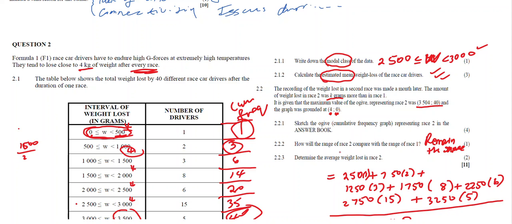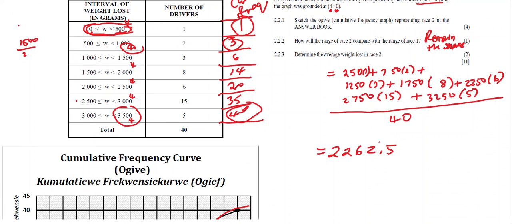Determine the average weight loss in race 2. In race 1, this was what we started with, the estimated mean. So in race 2, we have to add an average of 4, because each and every race loses a weight of 4.